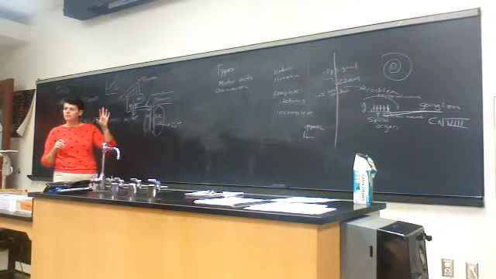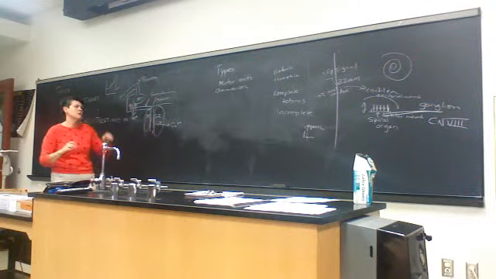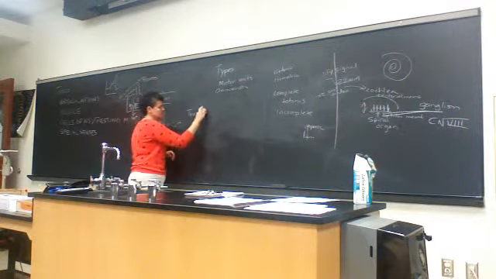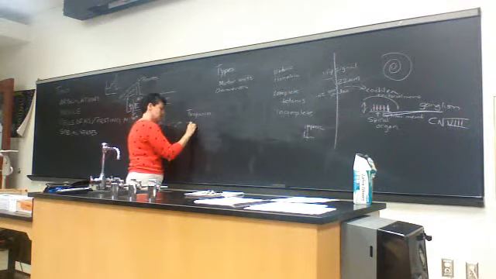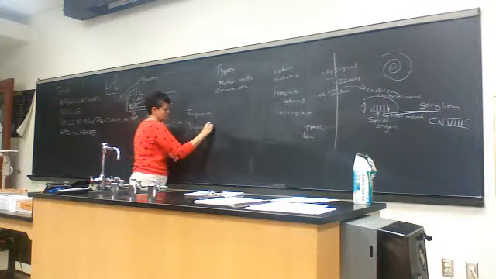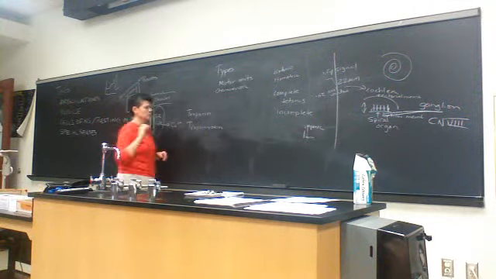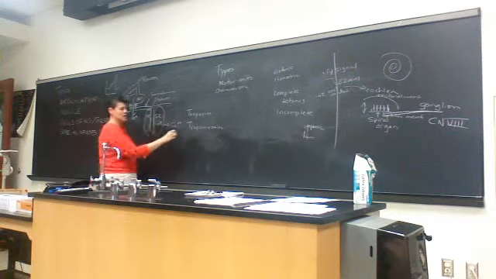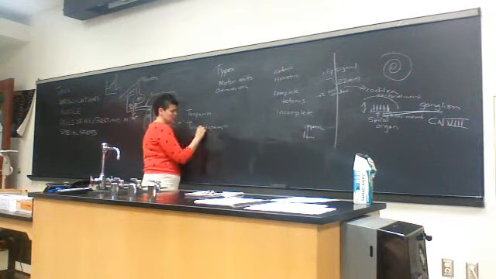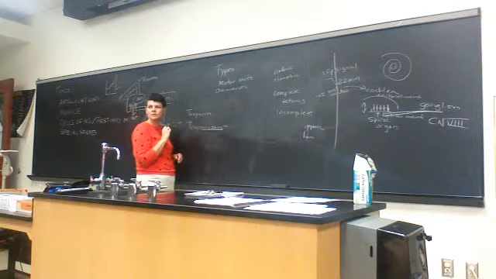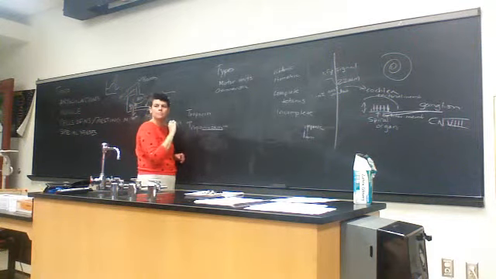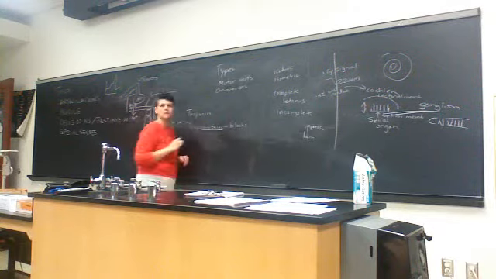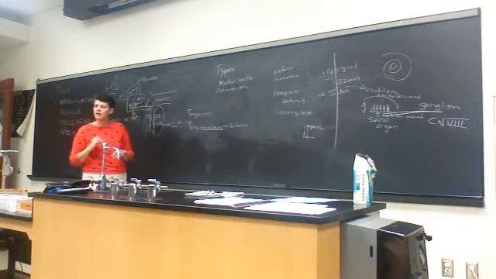We've got two regulatory proteins that are part of our myofibrils, or thin and thick filaments. Tropomyosin is going to do what to myosin? Block. So tropomyosin blocks myosin.